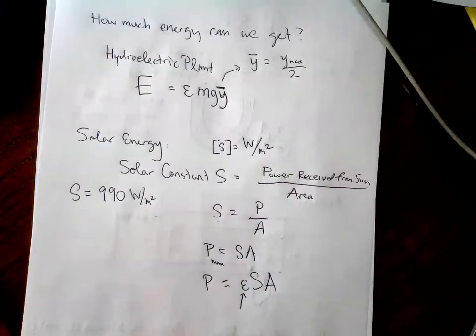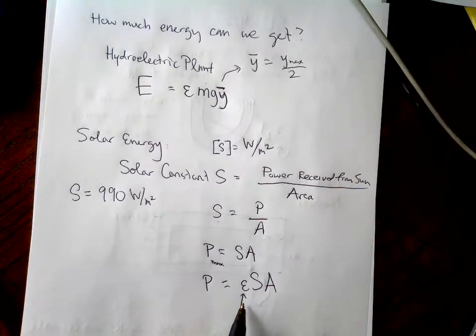The efficiency is affected by things like, is the solar panel dirty? Is it using the most recent technology? Is it new or is it old? What is the angle of the sunlight hitting the solar panel? You want the sun to be shining on the solar panel directly, okay?